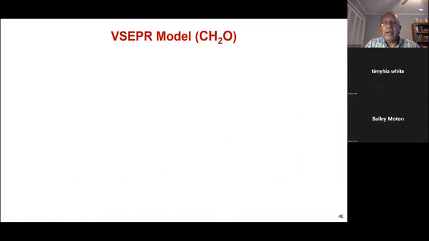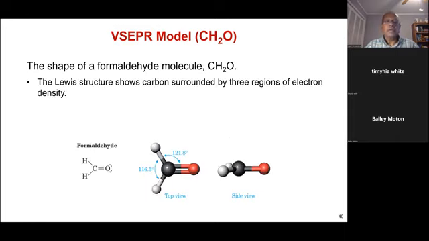So you can have this molecule, formaldehyde. There are 3 groups here: 1 double bond and 2 single bonds. But when you have 3 pairs distributed, it's a triangle plane.